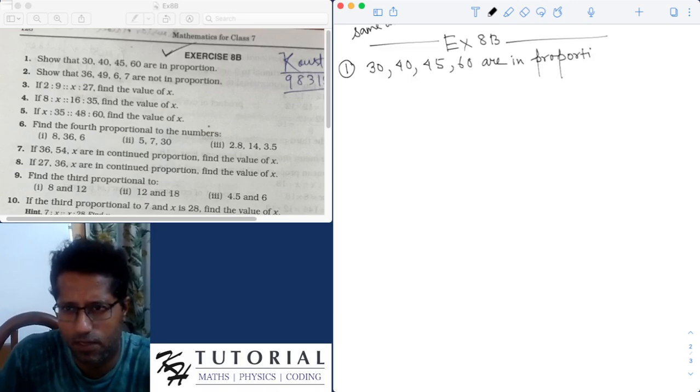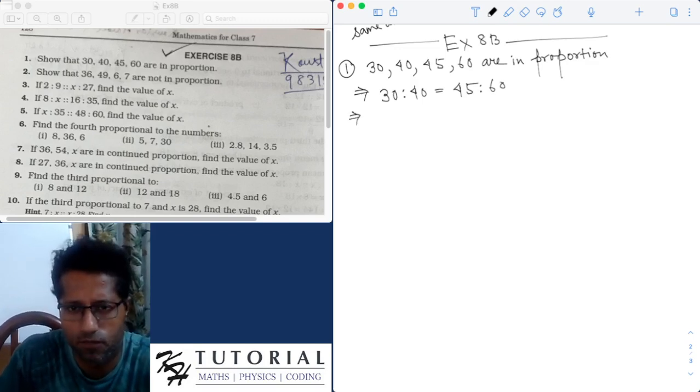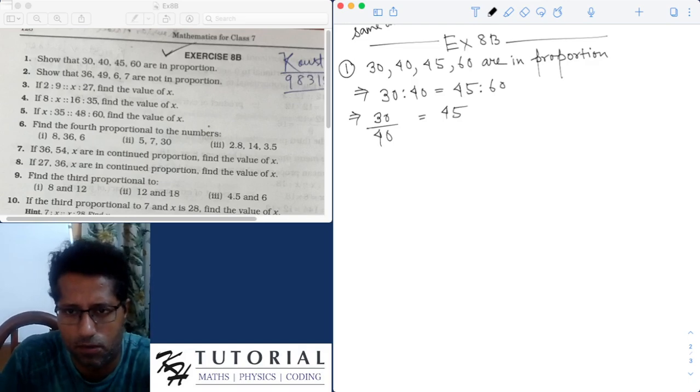Okay, so if they are in proportion, we know this implies 30 is to 40 will be equal to 45 is to 60. Now, 30 is to 40 is nothing but 30 by 40. If they are in proportion, we must have 30 by 40 equals 45 by 60.